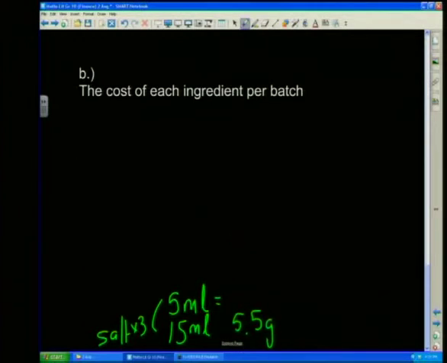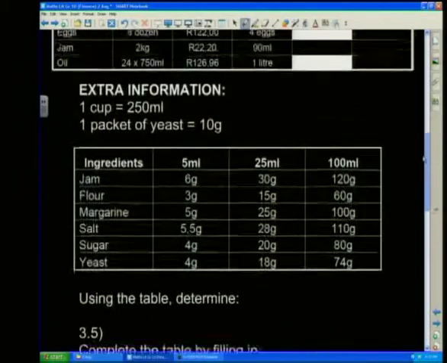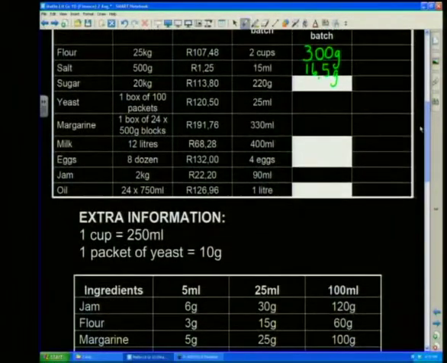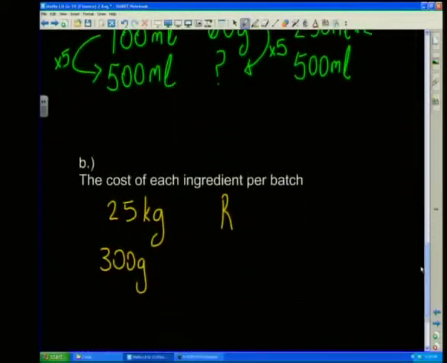So I know that I've got flour. I have 25 kilograms was equal to, I can't remember the cost, and we need 300 grams. Let's go back to my table and check that cost. 107 Rand 48. And I want to know how much is 300 grams going to cost.